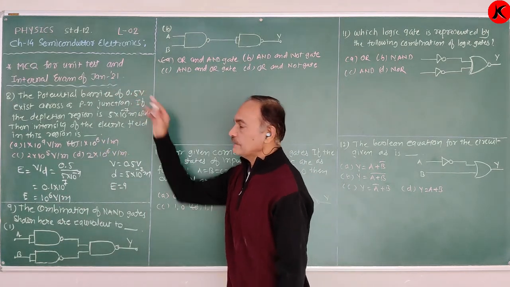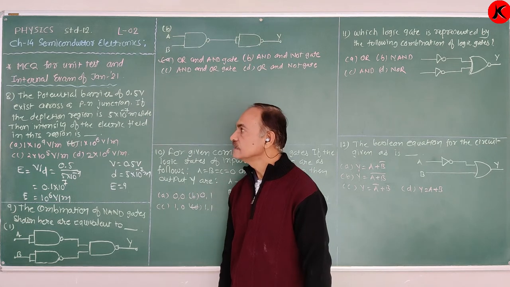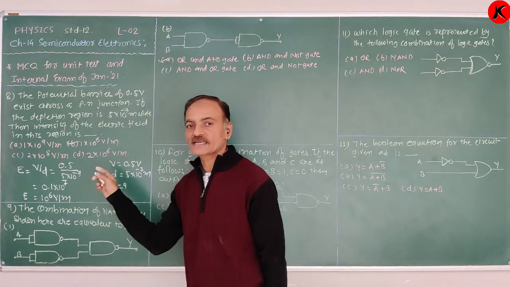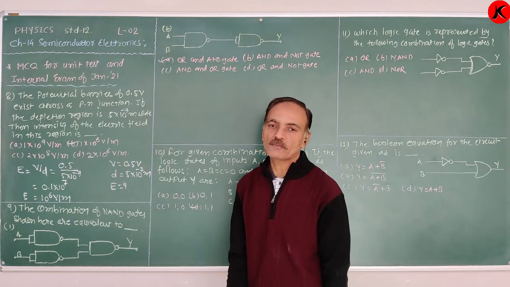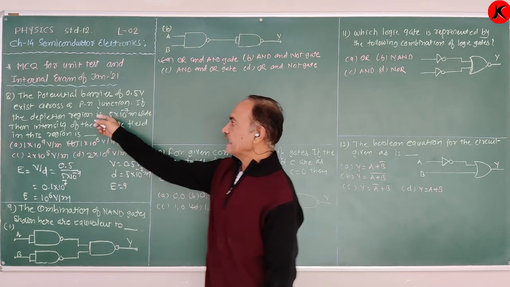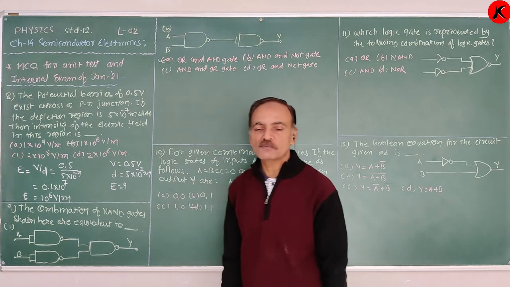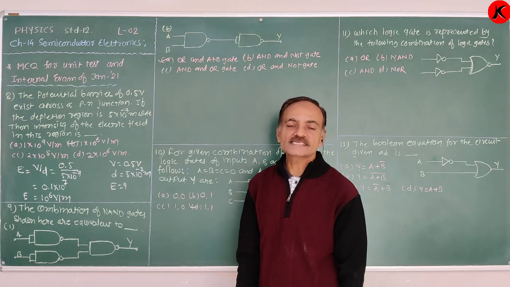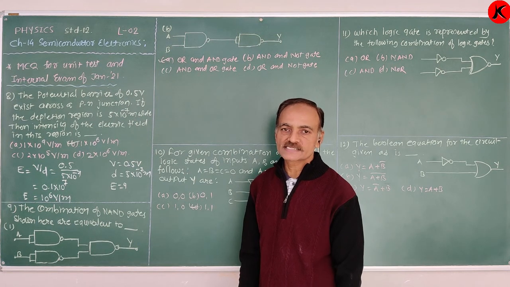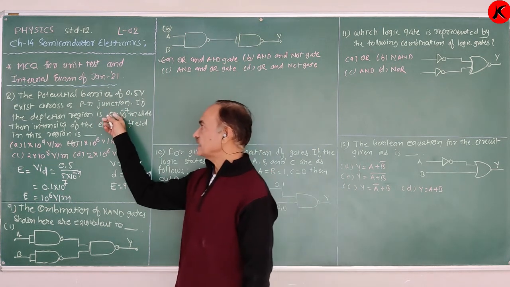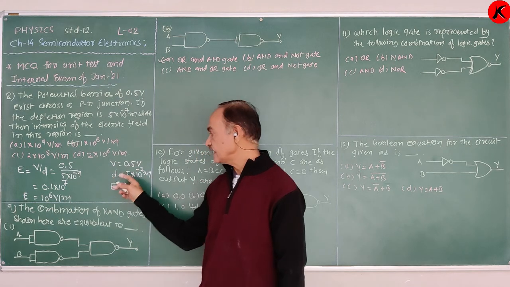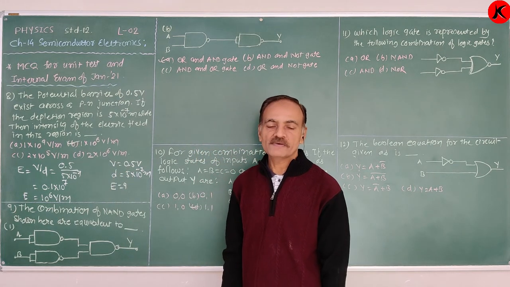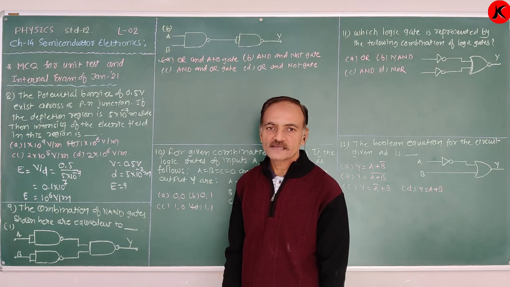Again, a potential barrier of 0.5 volt exists across the PN junction. That means the electric potential is 0.5 volt. If the depletion region is 5 × 10^-7 meter wide, the intensity of the electric field in this region is? Here the width of the depletion region is given as 5 × 10^-7 meter, and we require the value of the electric field.